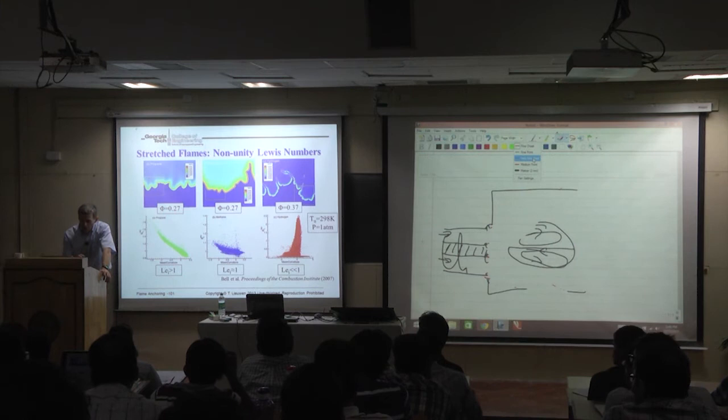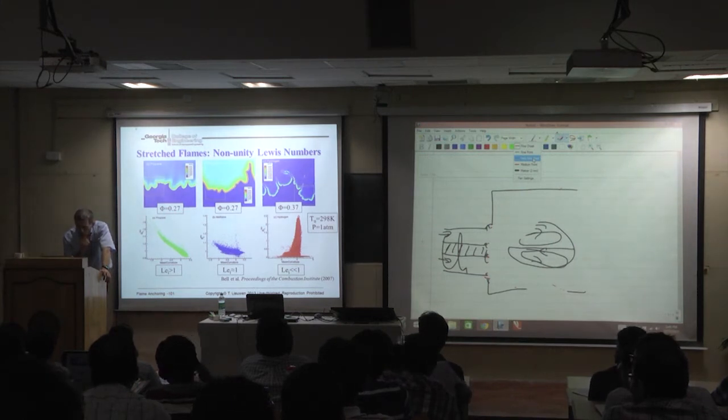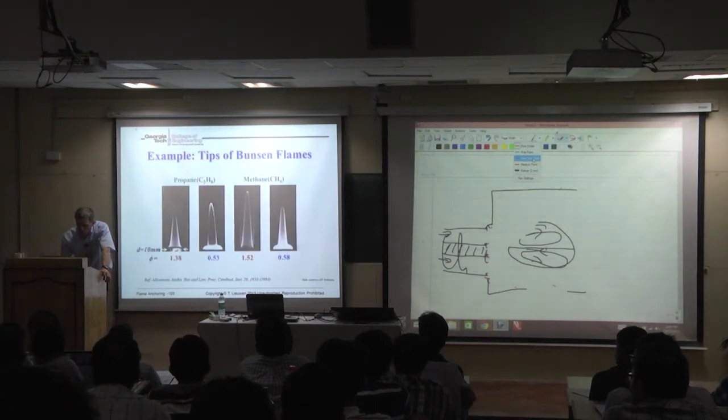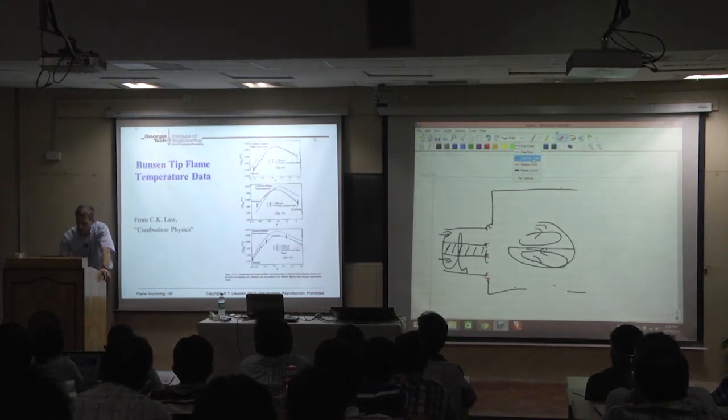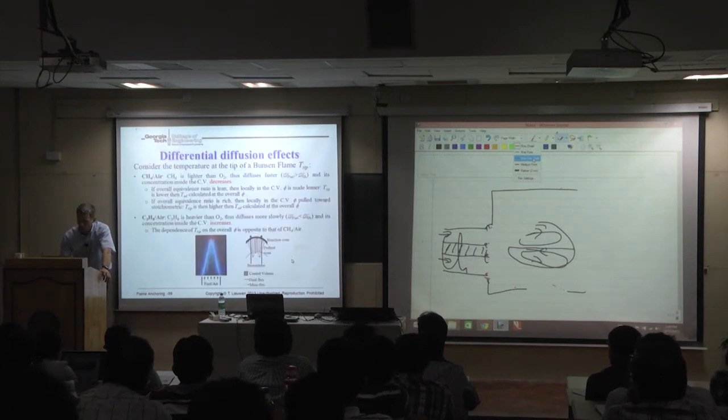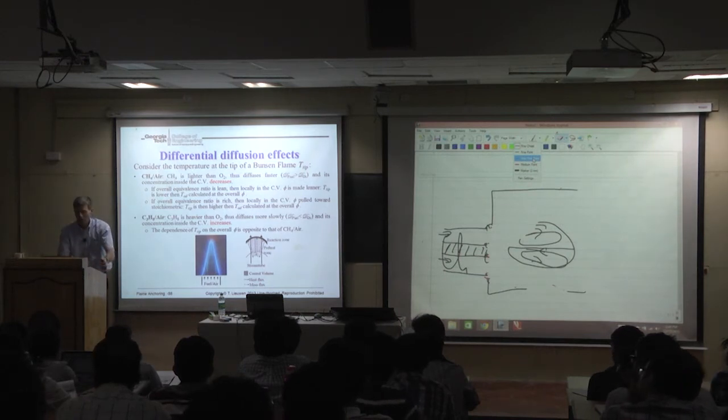So remember propane, let's go back to this picture here. Propane likes to be lean when you're curved. The part of the flame that's curved like this, which is negatively curved, the negatively stretched part, likes to be lean.